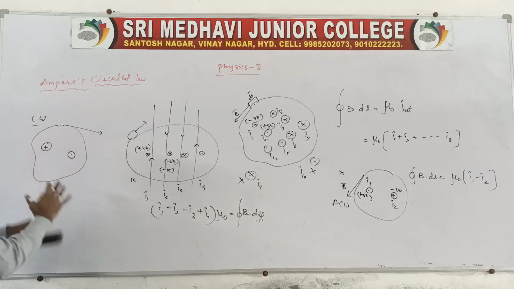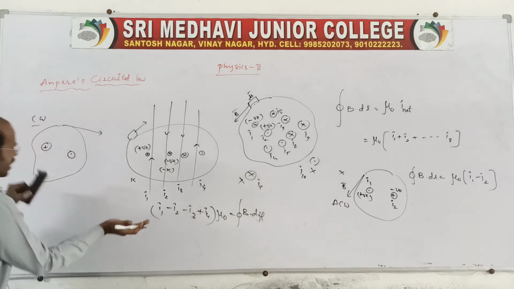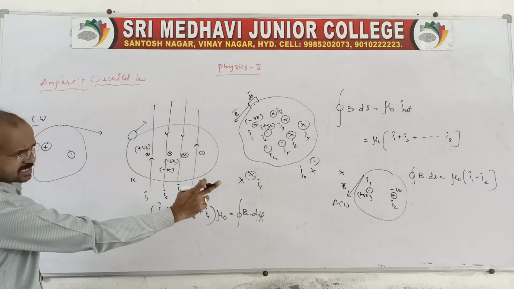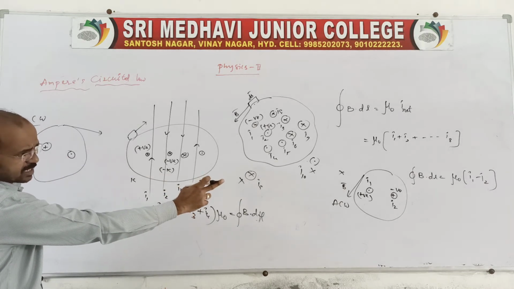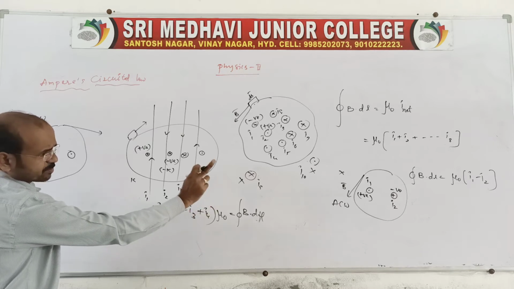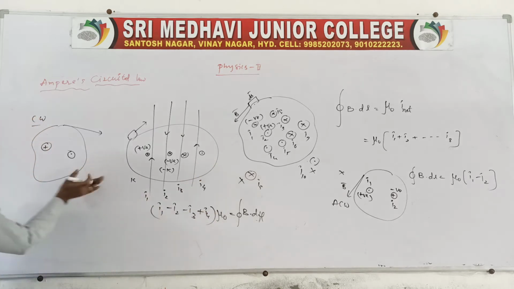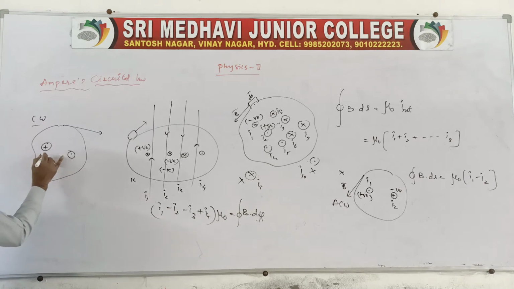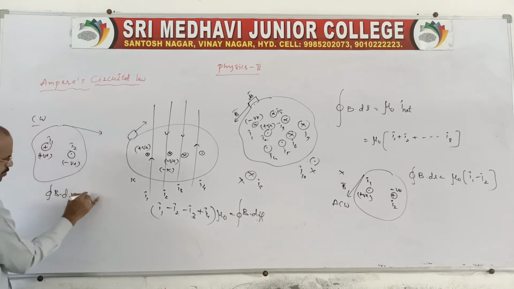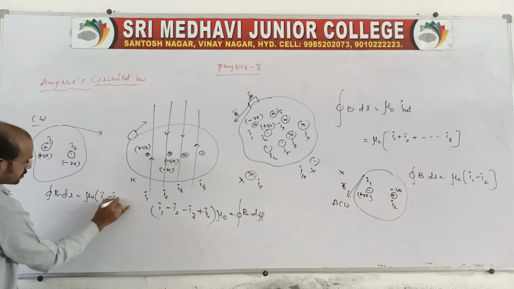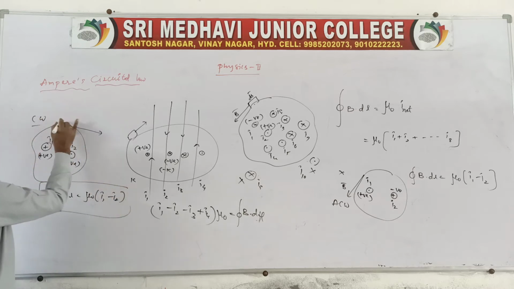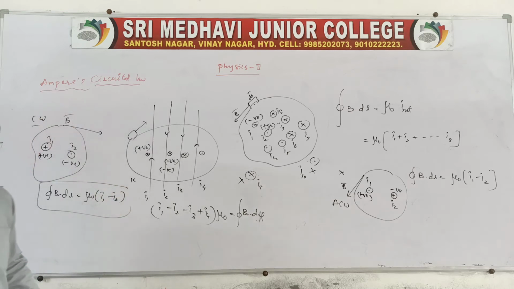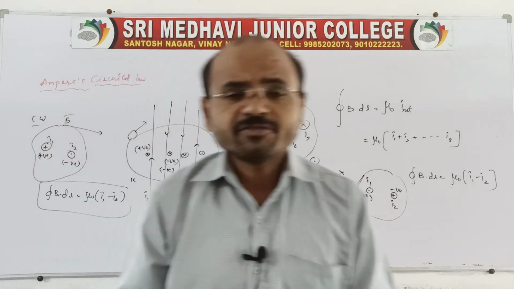So in this situation we need to take the opposite. Earlier, in the anti-clockwise case, into the plane of the paper was taken as negative and out of the plane of the paper as positive. Here it is reversed. You say this will be positive, this will be negative, I1 and I2. Therefore closed integral B dot dl is equal to mu naught of I1 minus I2, because it also depends on the direction of the magnetic field only.